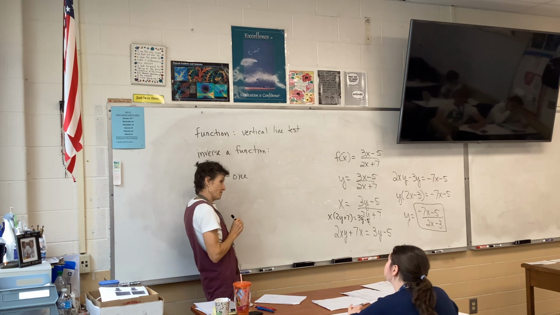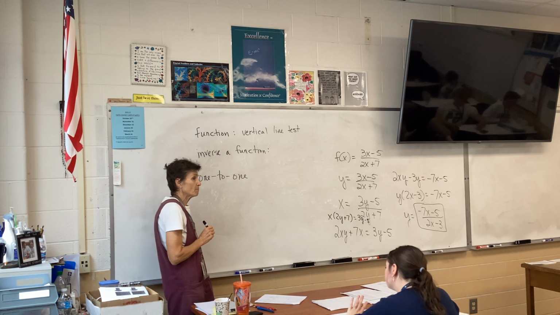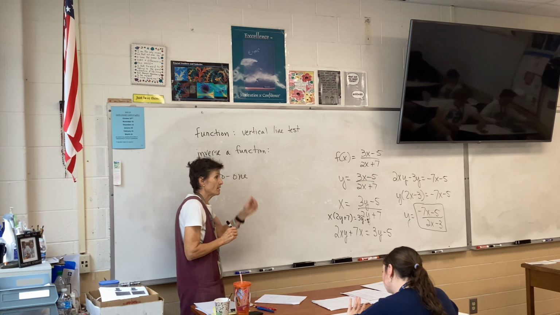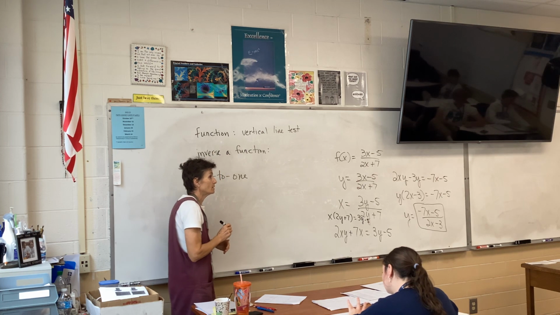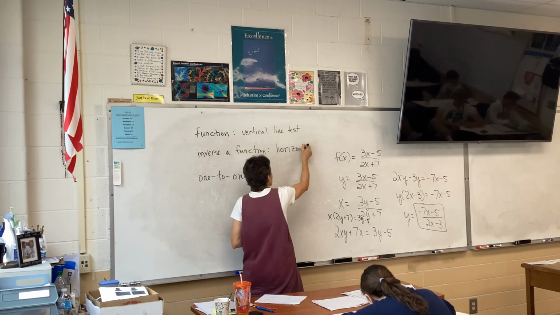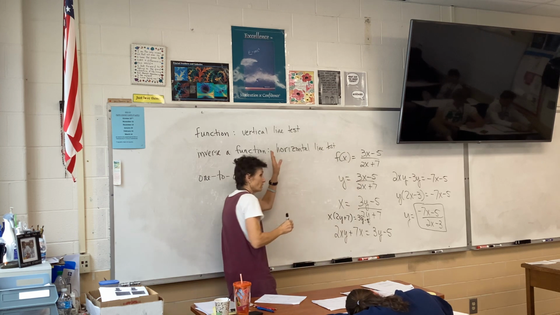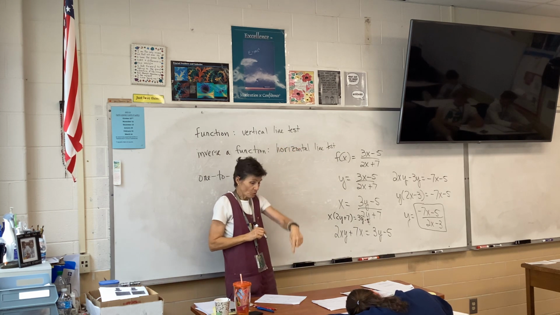What you may not know is that if you want to know if the inverse is a function, we use what's called the horizontal line test. So the vertical line test checks your original picture.